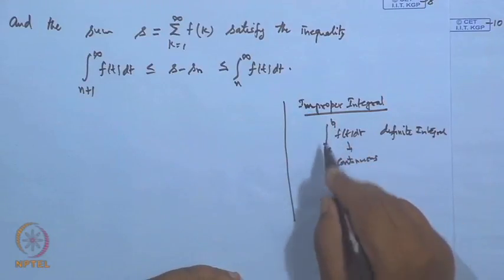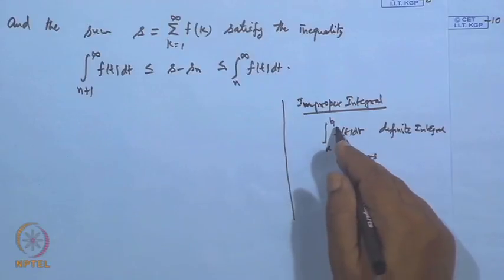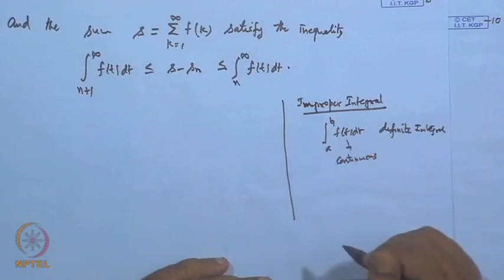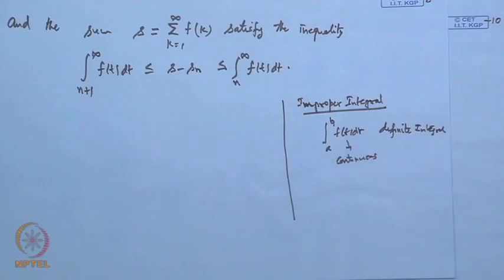Now, if one of the limits is infinity or minus infinity, then such an integral we call an improper integral of the first kind.